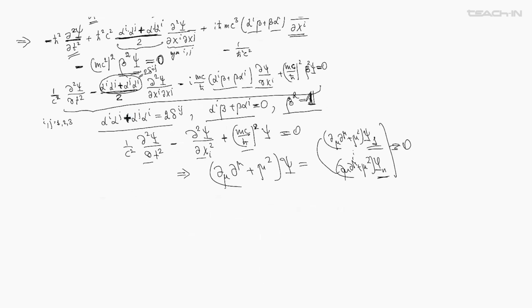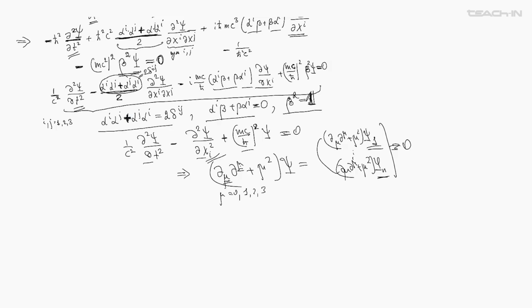So mu is running over 0, 1, 2, and 3. When you write it explicitly, you get derivatives with respect to time. This is this term here. And then derivatives with respect to spatial directions. These are these terms here. And then there is a mu squared multiplied by psi. This is this term here.